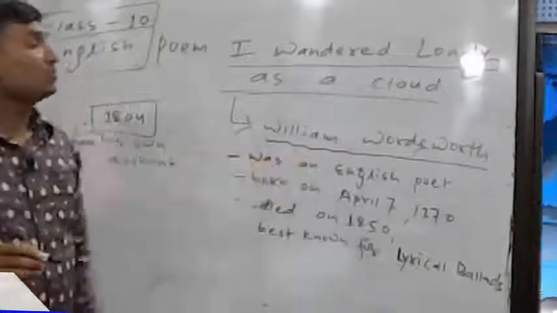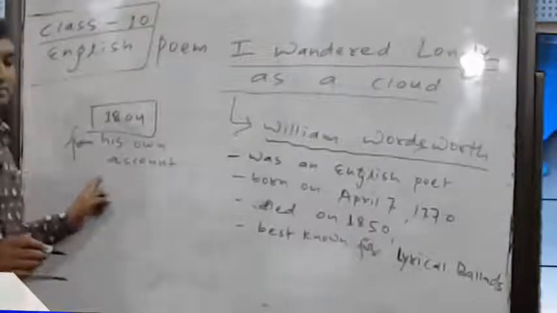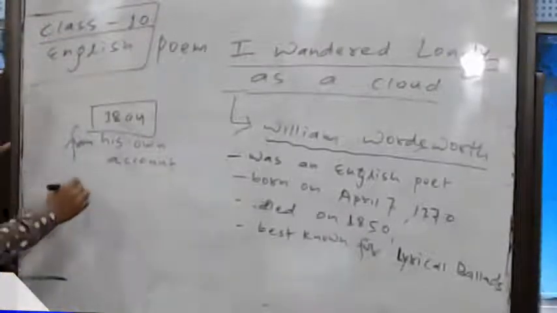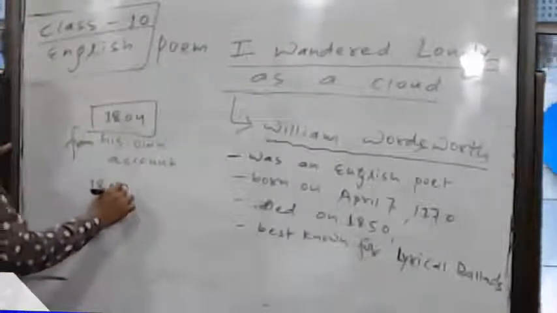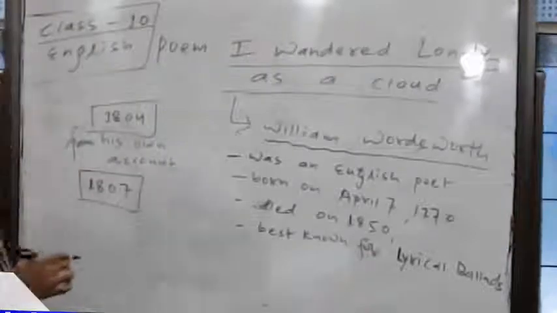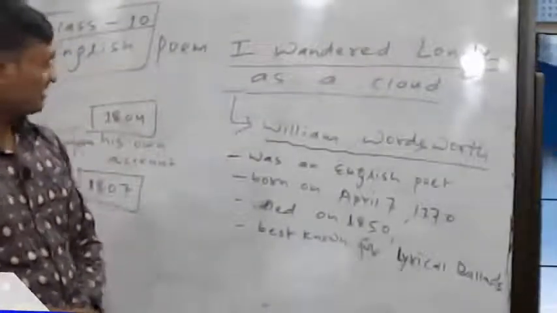Officially it was published in 1807. The poem is I Wandered Lonely as a Cloud.